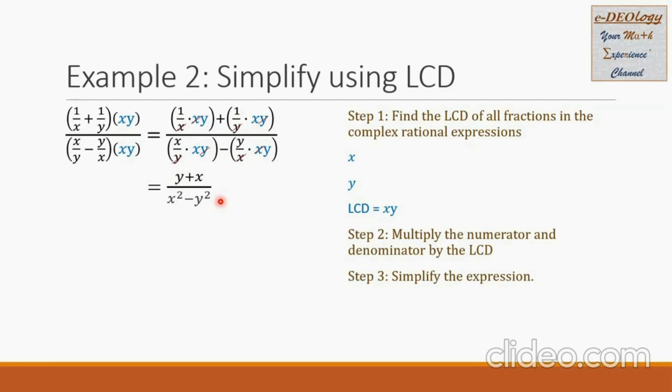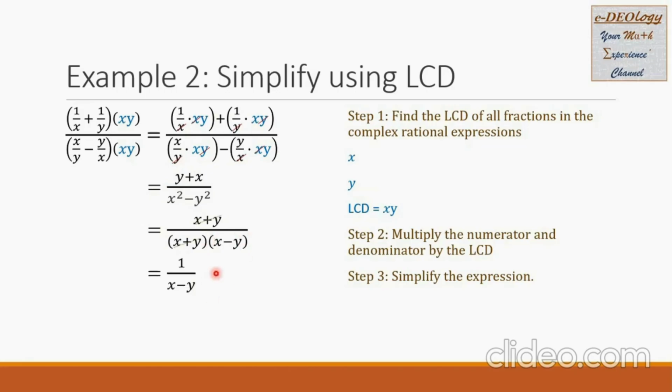Next is to simplify the expression. In the numerator, we have y plus x. We can rewrite this as x plus y. And the denominator, x squared minus y squared, can be factored into x plus y times x minus y. The x plus y is common. We have it here and also here, so we can cancel that.